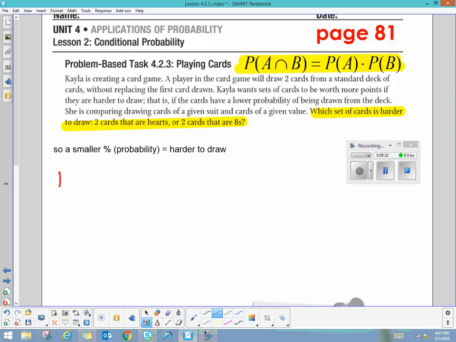So I want to calculate the probability of picking a hearts card first, and the second card being a hearts. Okay, and let's see if we reread the problem. Okay, we should probably treat this as an independent event.